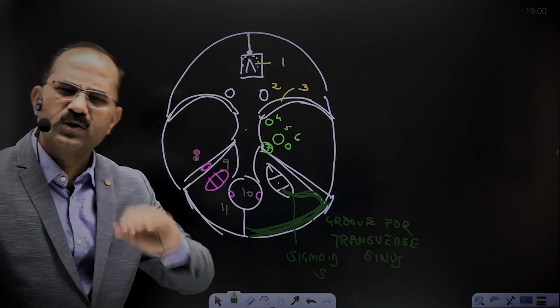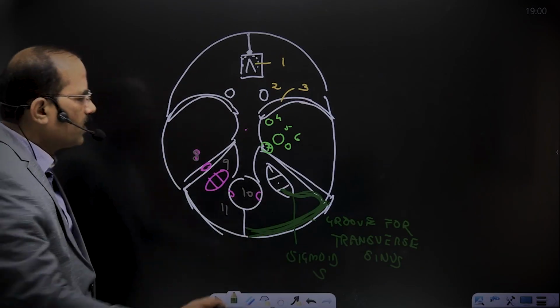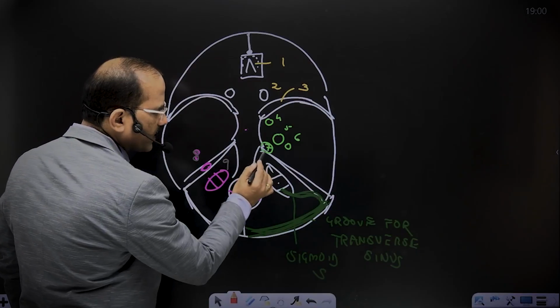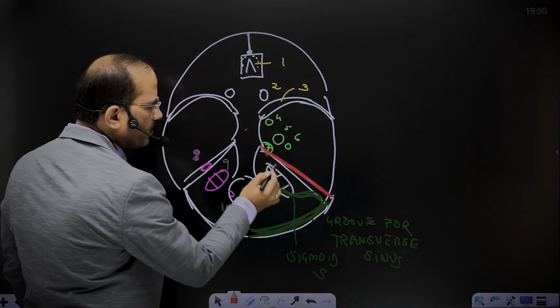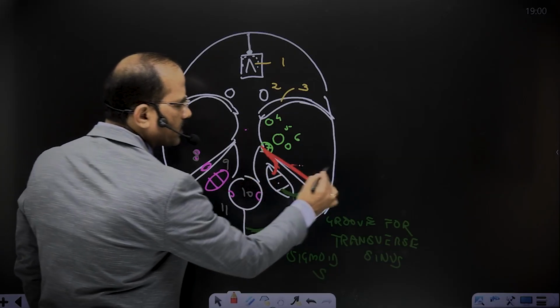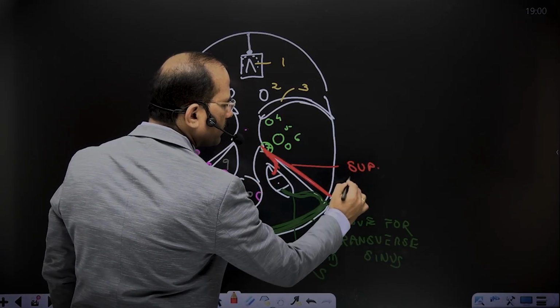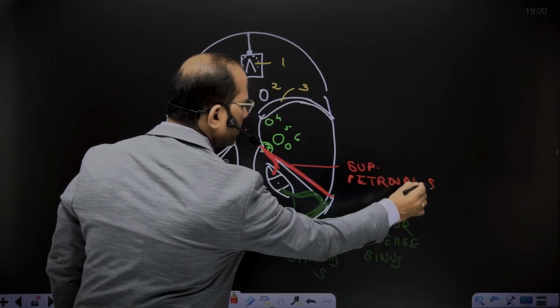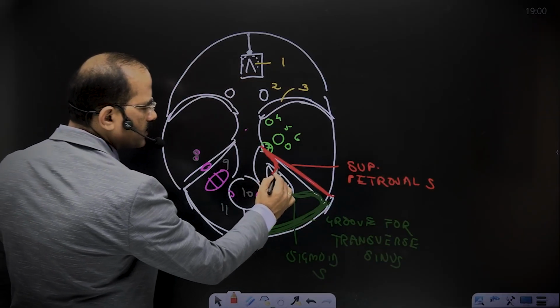Now the sinuses we will study separately. That's the petrous part of temporal bone. On the petrous part, there are two sinuses here. One is on the superior border. One is on the inferior border, which gets out from here. So what is this sinus? That's the superior petrosal sinus. And what is this sinus?